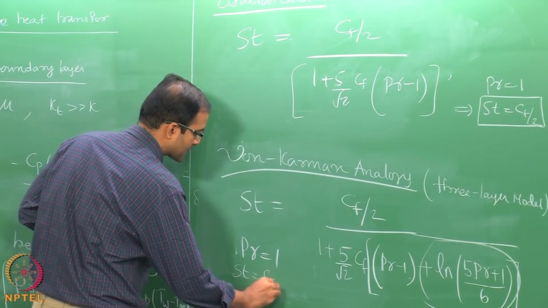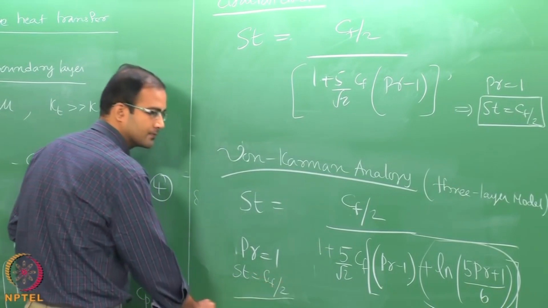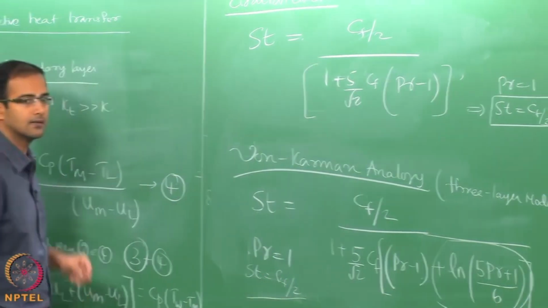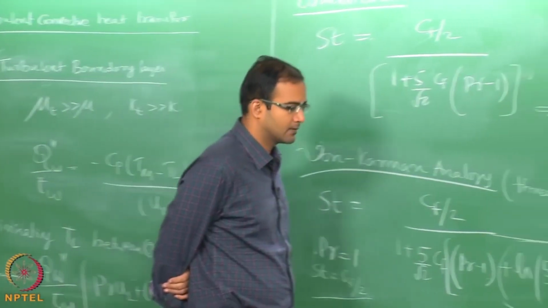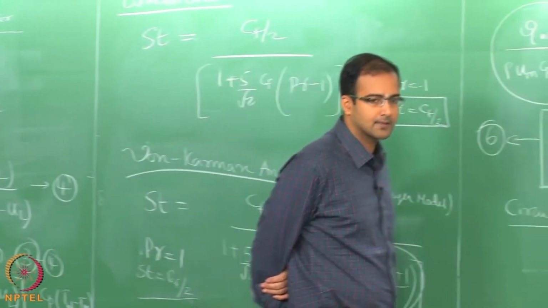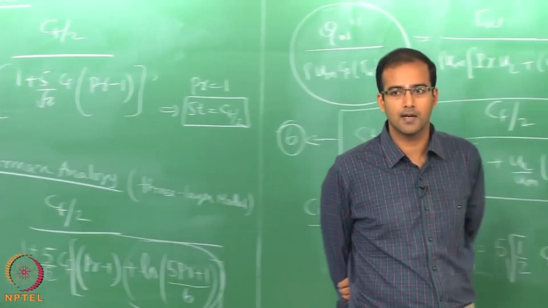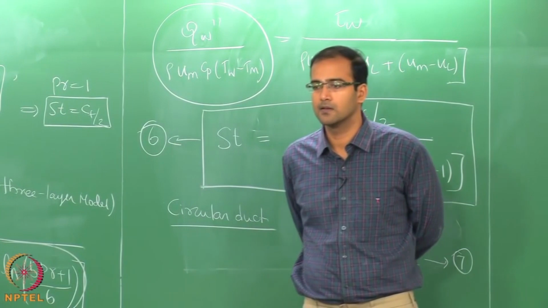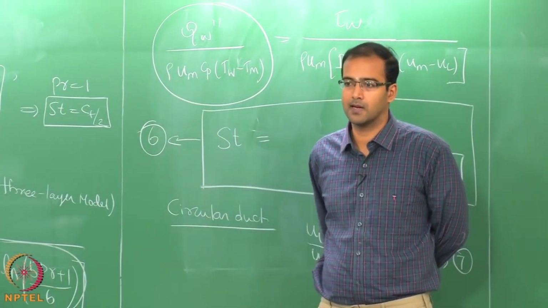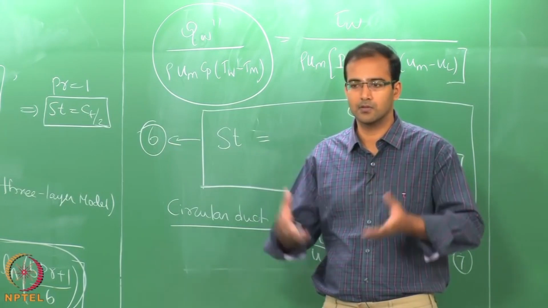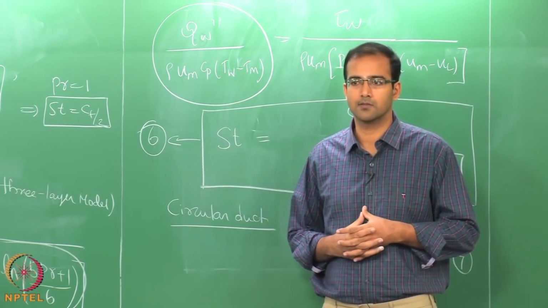So, finally, it collapses to the Reynolds analogy again. For more complex cases where none of these analogies will work, we cannot find a simple analytical solution, so then we have to use numerical solutions for heat transfer.